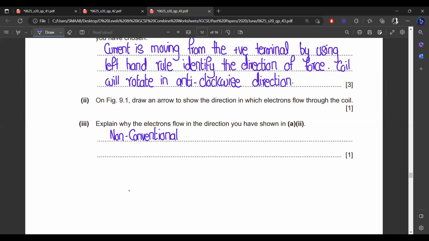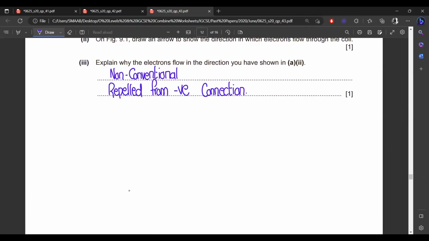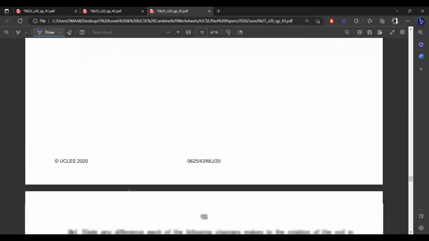So current starts from the negative end. From the negative connection of the battery, the electrons are going to be repelled. So current will start moving from the negative side.